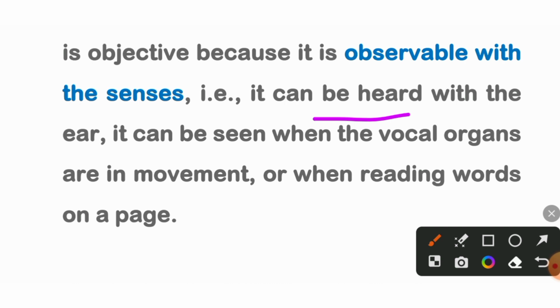Language can be heard with the ear, it can be seen in the written form, in the printed form, when the vocal organs are in movement, or when reading words on a page. So when we speak, our vocal organs move. It's also the proof that language has physical existence. So science talks about physical things, and linguistics also talks about physical things.